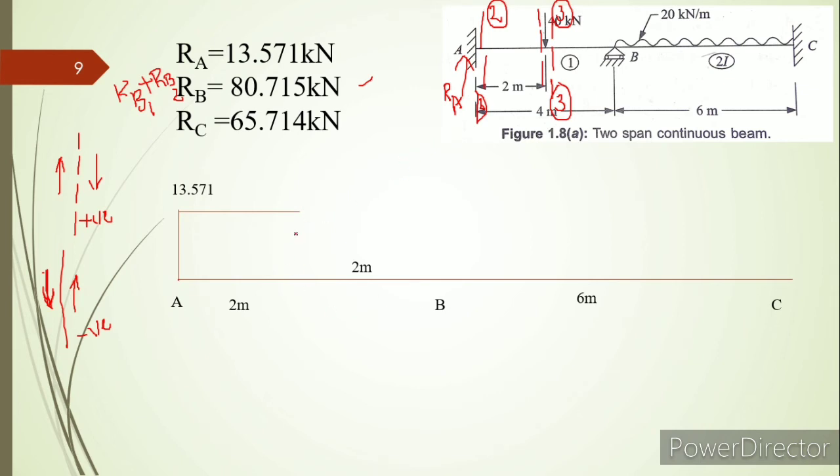So here the shear force at this section will be RA minus 40, that is 13.571 minus 40, which is equal to minus 26.429.